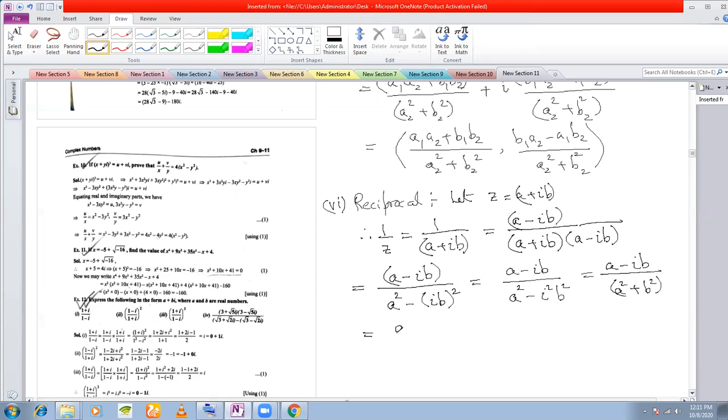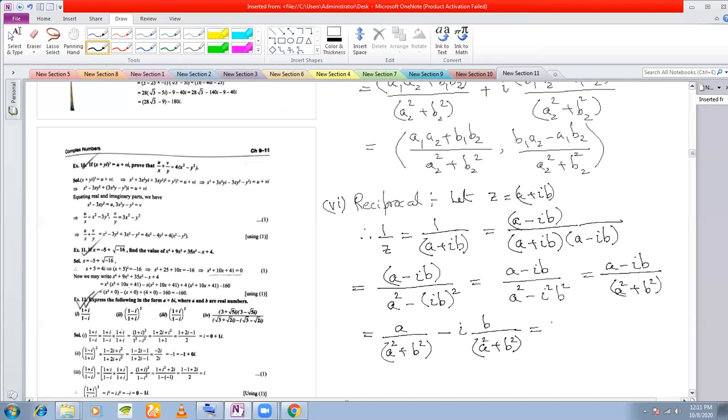So this is equal to a by a square plus b square minus i times b by a square plus b square. So this is what the reciprocal of the complex number is.